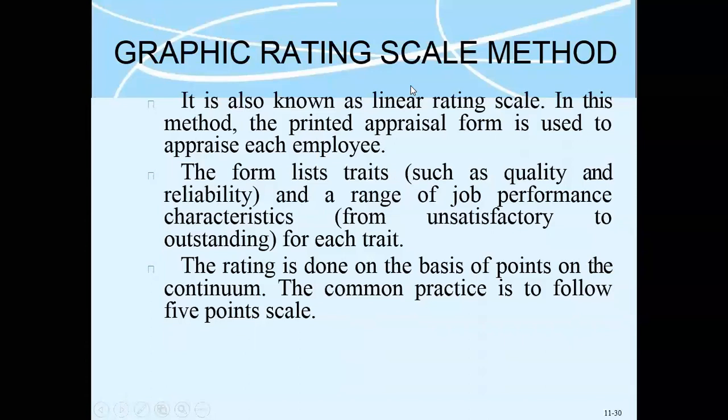Then the graphic rating scale method. Under this method, we have certain scales. It is also known as the linear rating scale. In this method, a printed appraisal form is used to appraise each employee. The form lists traits such as quality and reliability, and a range of job performance characteristics from unsatisfactory to outstanding for each trait. The rating is done on the basis of the points on the continuum. The common practice is to follow a 5-point scale. So this is basically a kind of process where it's a graphic rating.